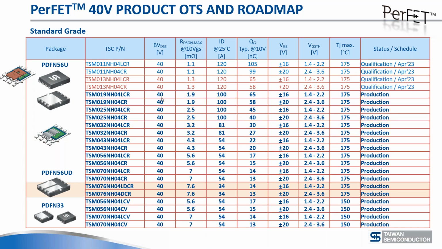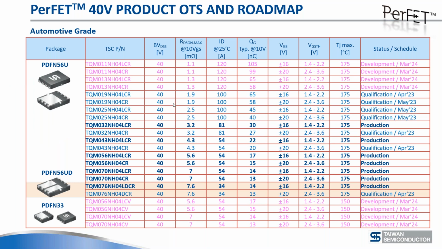We will also have 1.2, 1.1, and 1.3 milliohm MOSFETs, 40 volts, starting next month. When you come to automotive, the range which we have actually introduced, the 40 volt range, will be completely made automotive.